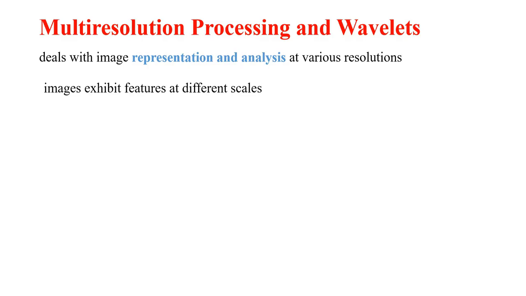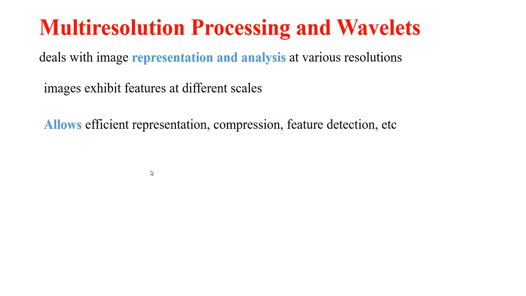Images contain features at different levels, that is edges, textures, shapes, etc. Analyzing an image at only one resolution may hide important details. Therefore, multi-resolution methods break down the image into several resolution levels in order to analyze fine and coarse details separately.